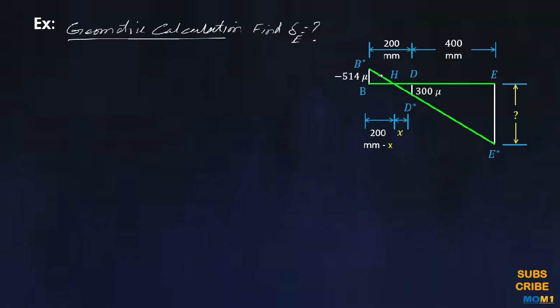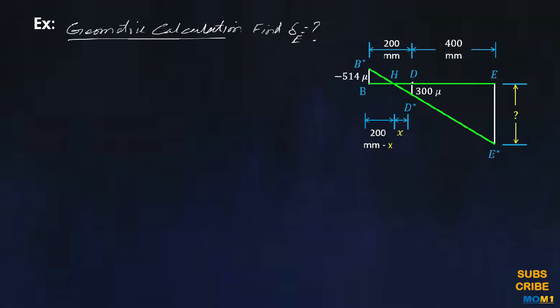This is a rigid body beam, so there is going to be contraction in link AB, and there is going to be extension in link CD because there is a tensile force.